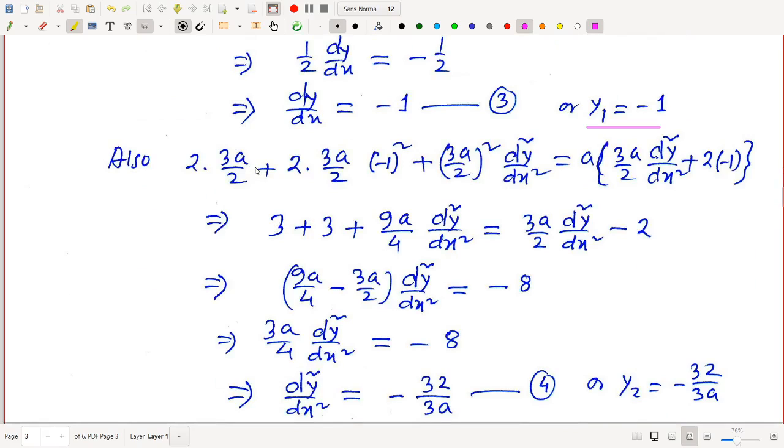Now 3a by 2, these two cancel, these two cancel, and one a will be cancelled. So 3 plus 3 here, it will be 9. A square means one a gets cancelled, so 9a by 4 d square y by dx square equal to thrice a by 2 d square y by dx square minus 2.